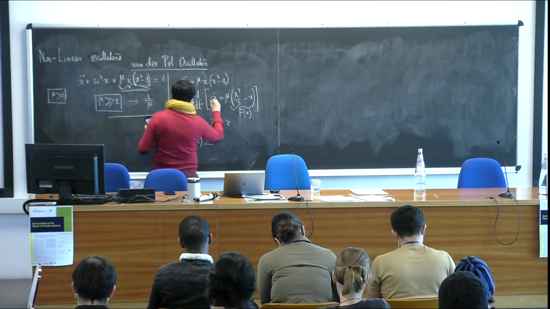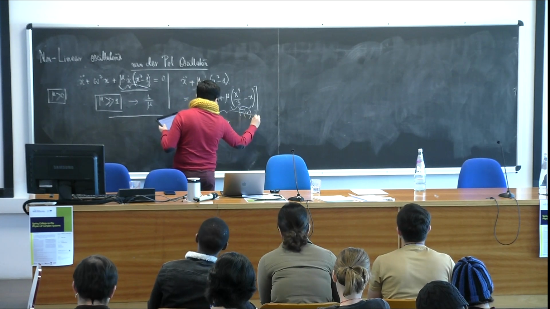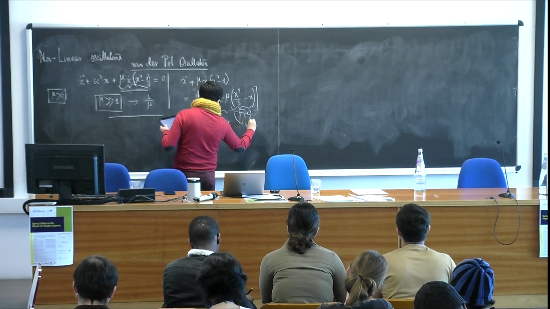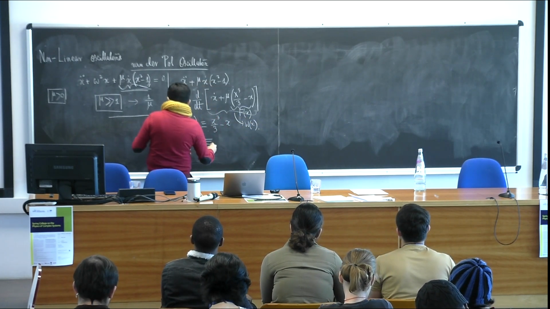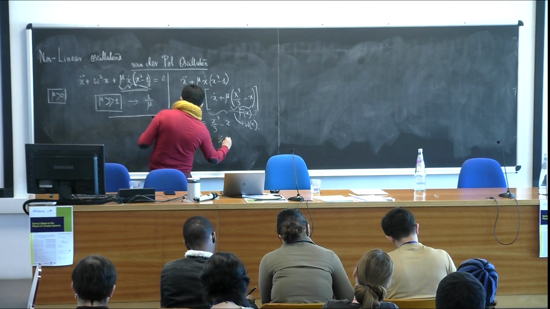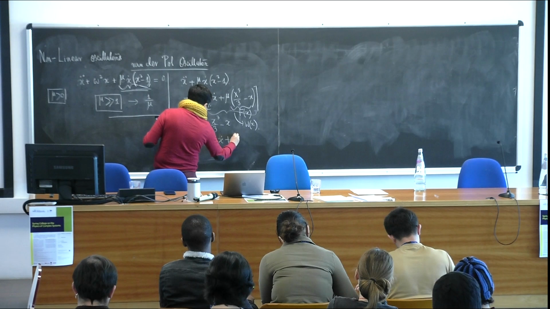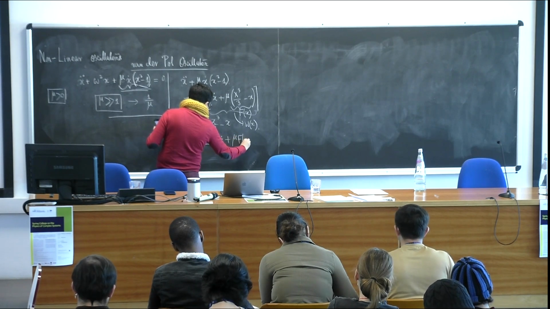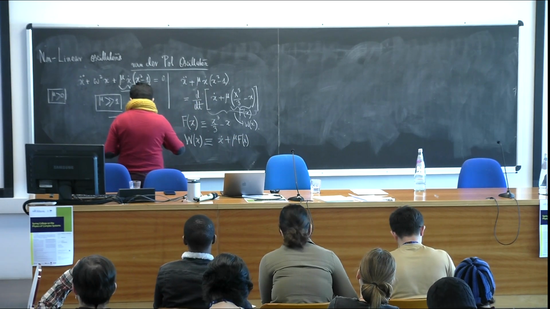As you can guess, w of x is this whole thing. So w of x will be what? It would be x dot plus mu times f of x. Okay, nothing great deal.